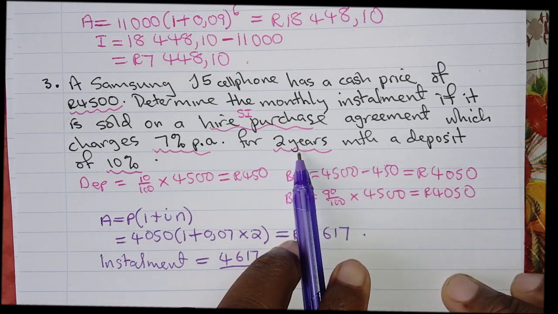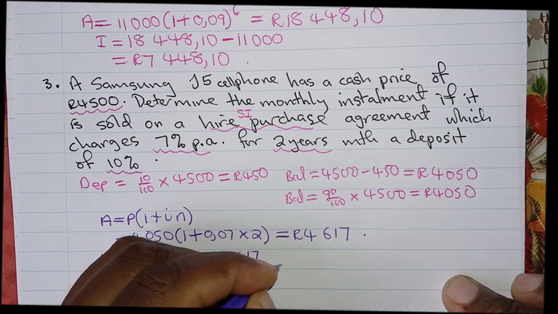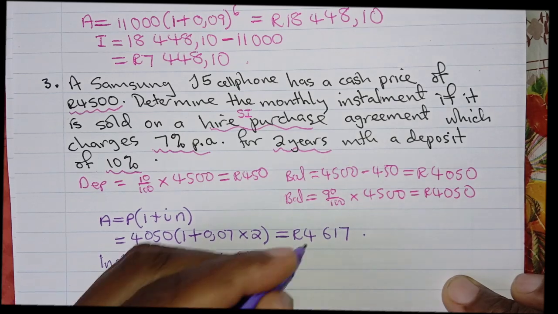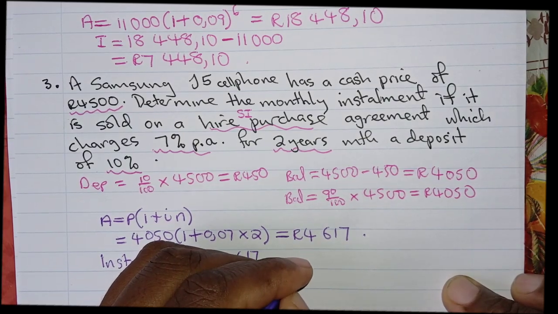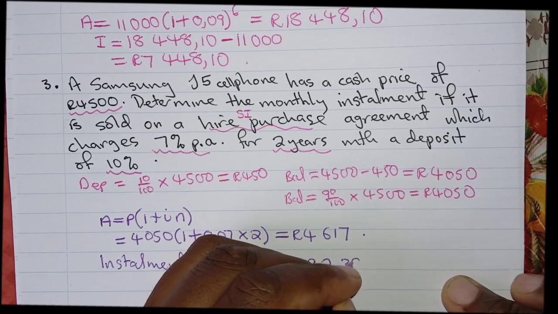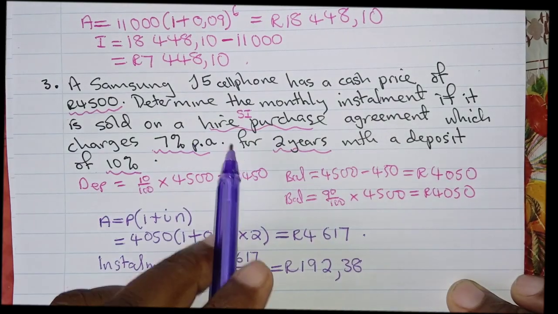And how many months do we have in 2 years? We have 24 months. So we divide that amount by 24, and this gives us an amount of 192 rand 38 cents.